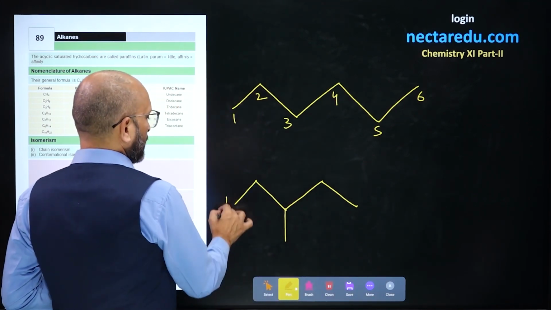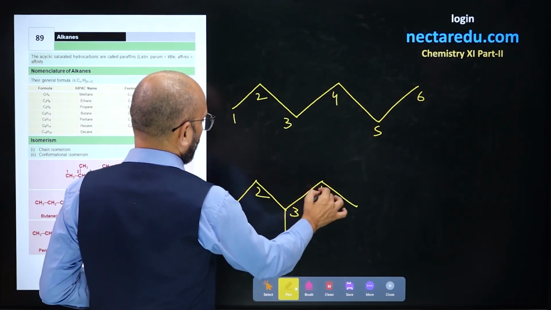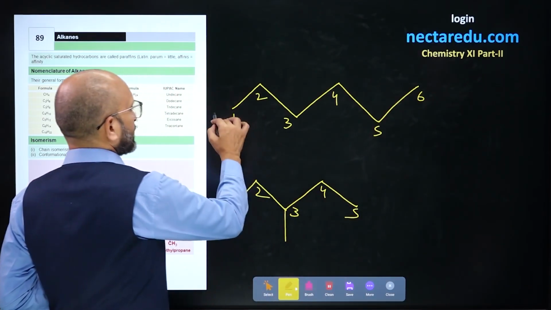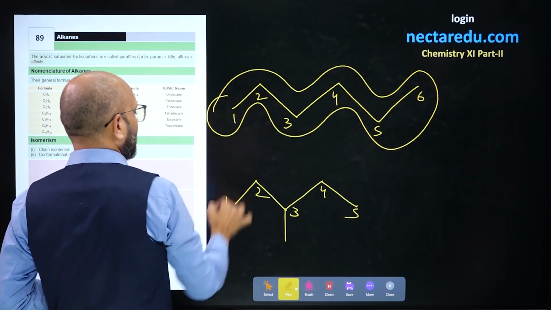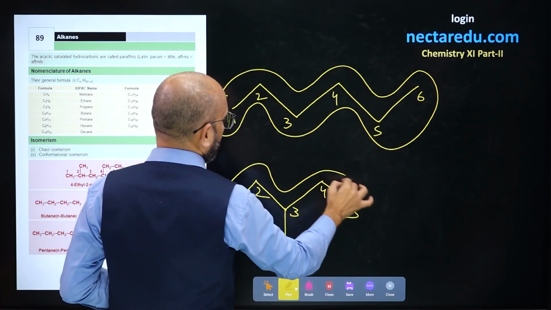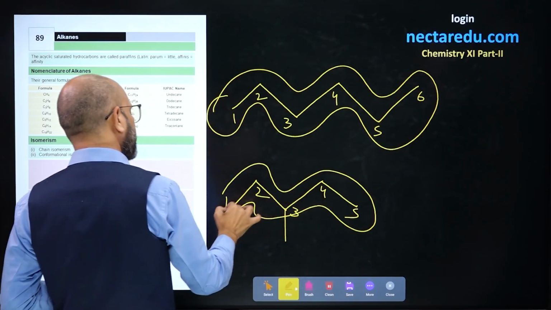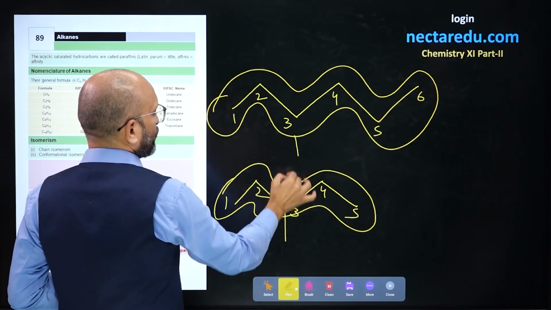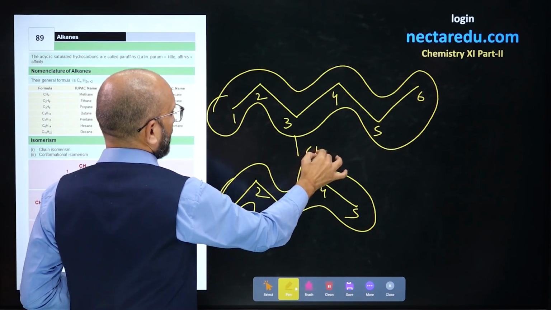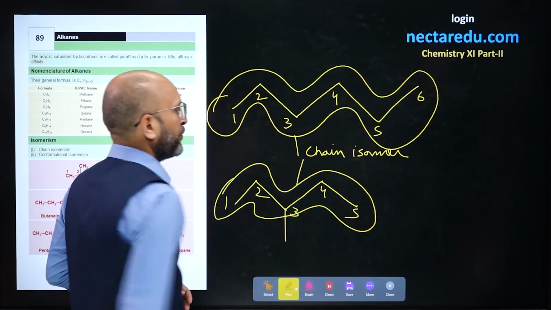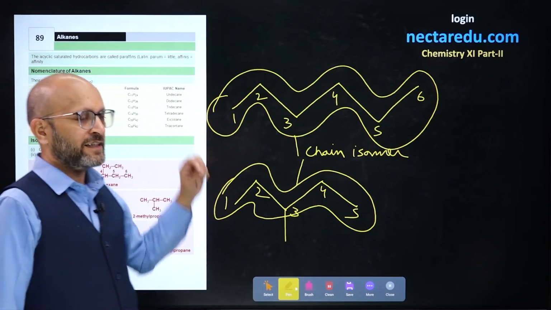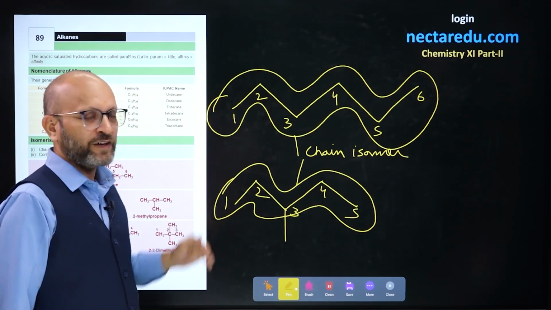Now, the total number of atoms, 3, 4, 5. In the main chain, this is a 6 carbon chain. Alright. And this is a 5 carbon main chain. So if the chain is differing, then these two become chain isomers. These are called chain isomers, because the main chain here is 6 carbons and this one has 5 carbons.